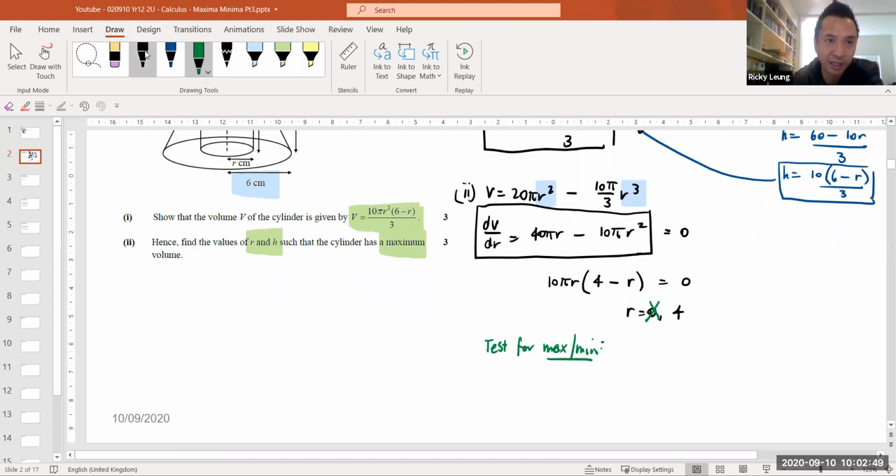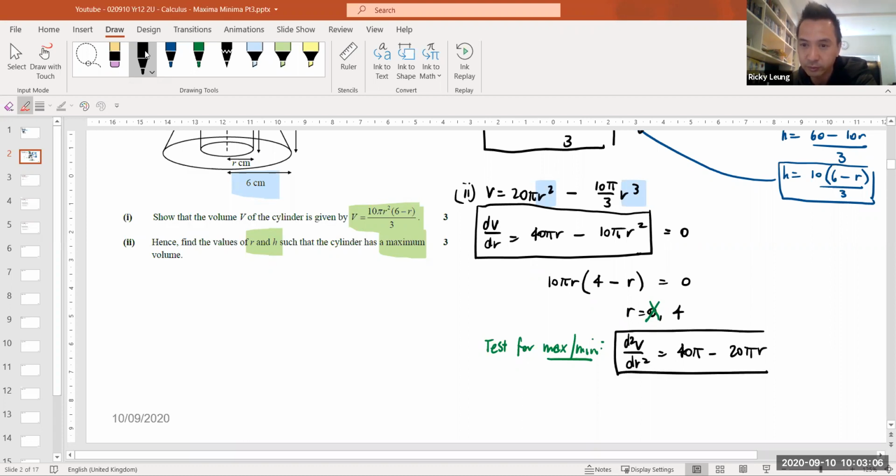So very easy to differentiate again, so I'm going to actually find the second derivative here. So let's see, d squared V over dr squared. That's constant, so it just becomes 40 pi minus, bring down the 2, that's 20 pi r. Right, that's the second derivative. So I'm hoping that when I sub in 4 here, now what do I want? I want a maximum.